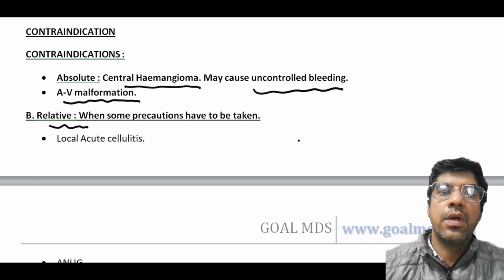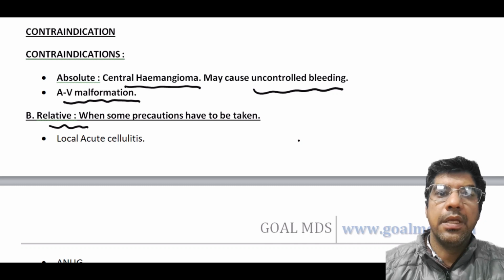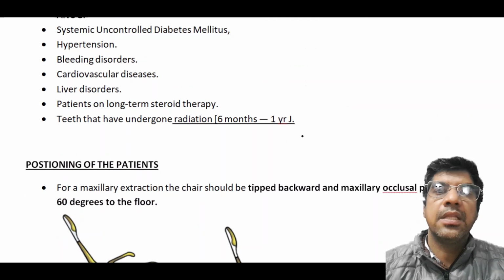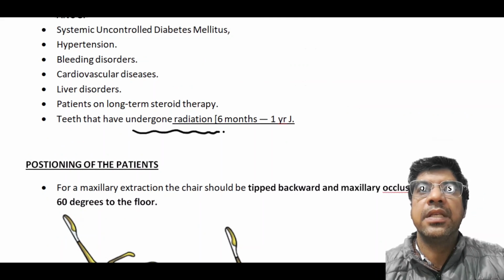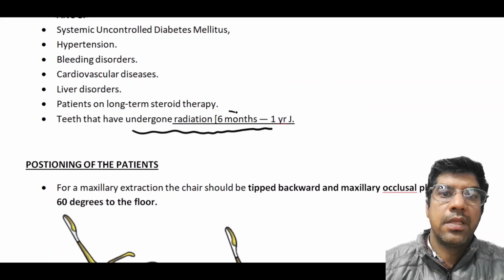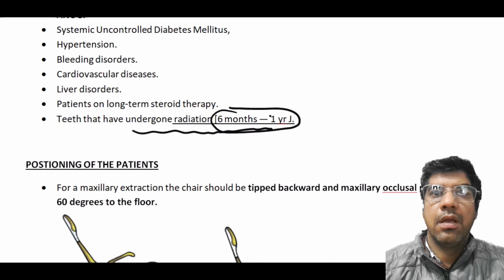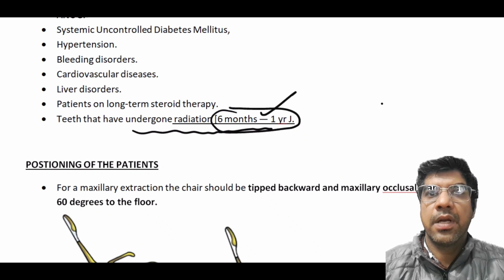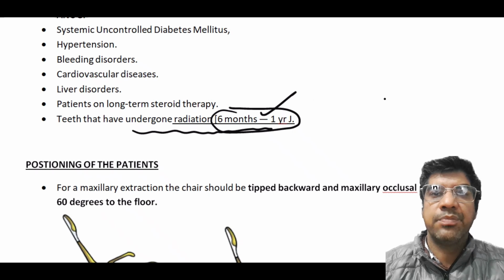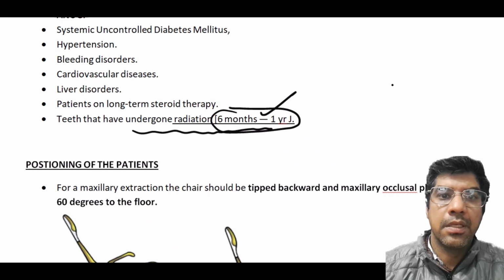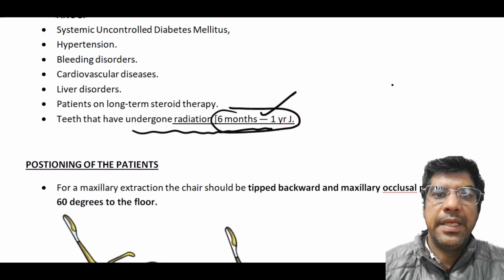Patients on long-term steroid therapy may require careful consideration. Teeth that have undergone radiation therapy: generally extraction is contraindicated for 6 months to 1 year. So these are the relative contraindications.